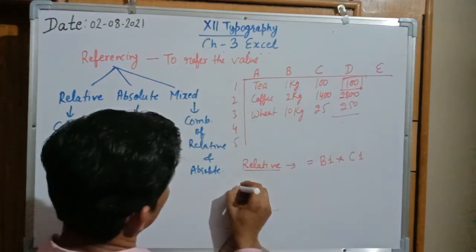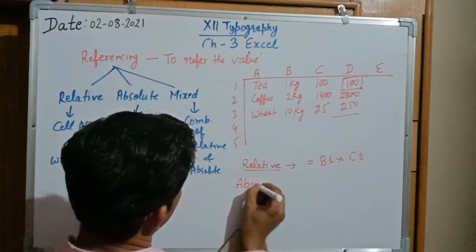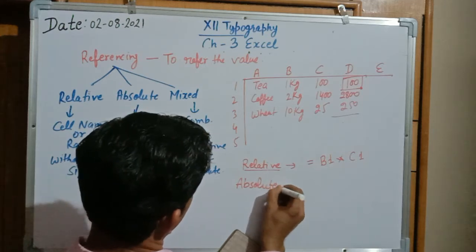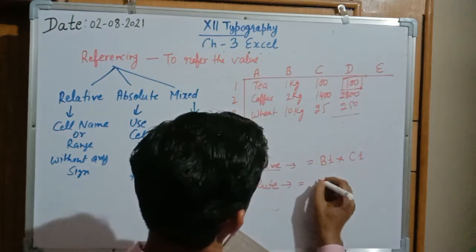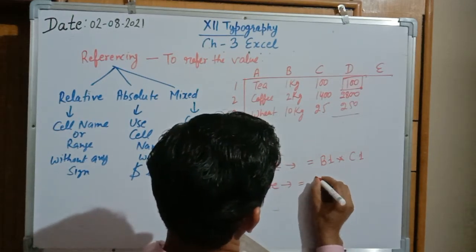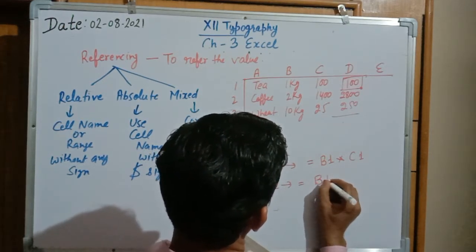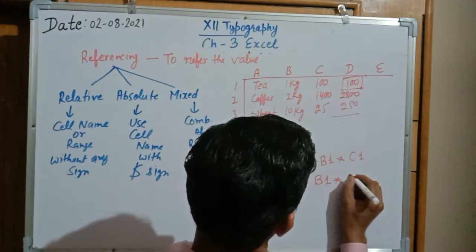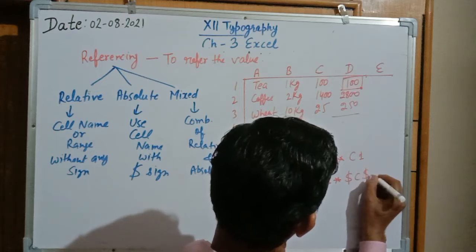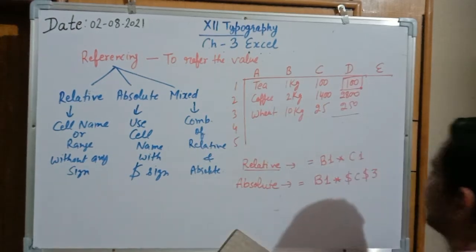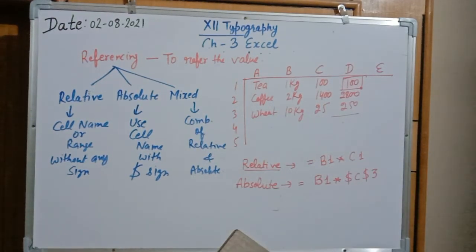Suppose I am using absolute referencing. Absolute contains the exact position. I am writing here equal to B1 multiply by $C$3. What will happen?